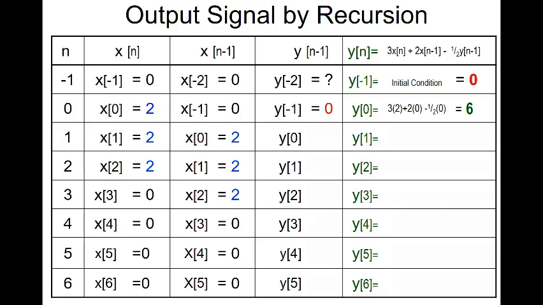Then this y of 0 comes over here to get me ready to be my y of n minus 1 for the next index. And here I compute y of 1 is 3 times 2 plus 2 times 2 minus 1/2 times 6. That means 7.